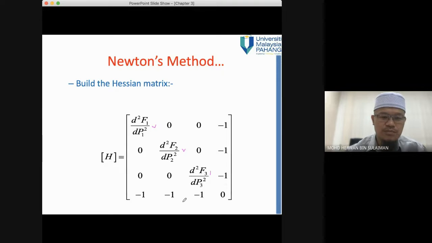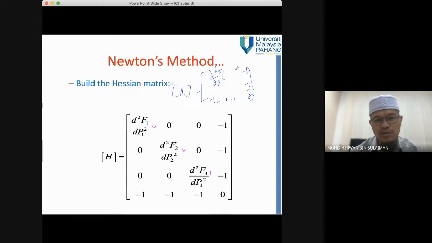You put these things. So this is if you have 3 generators. If you have 4, your Hessian matrix is 5 by 5. So this one d2 F1 over dP1 square and so on, down to the last diagonal. Negative 1, negative 1, negative 1. Same. The diagonal here, all the others are zero. Negative 1, everything else zero.